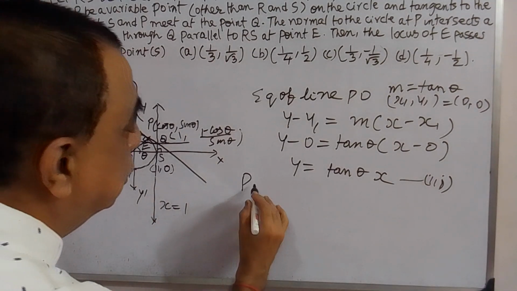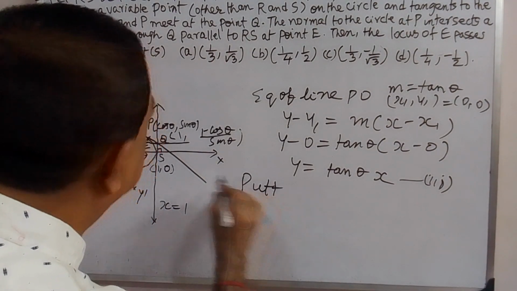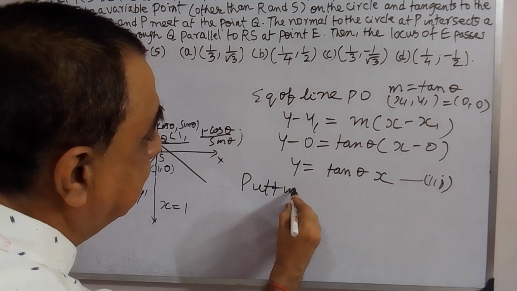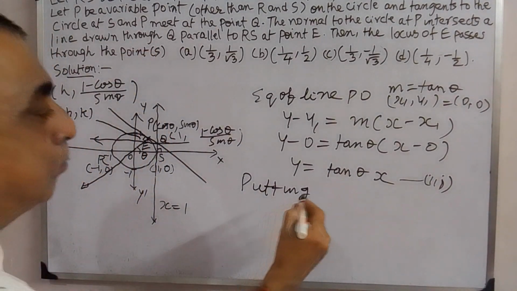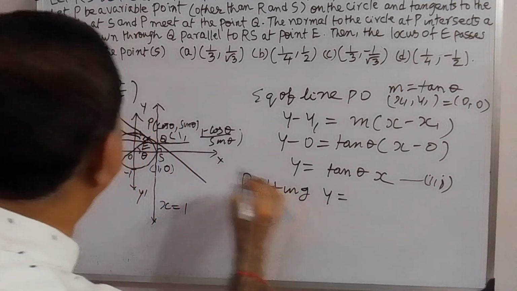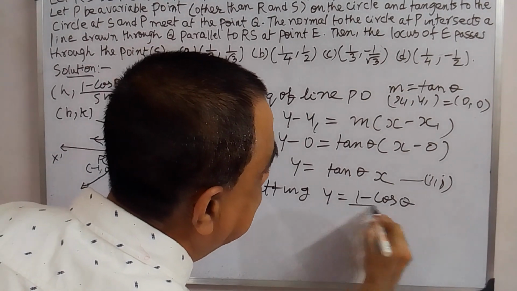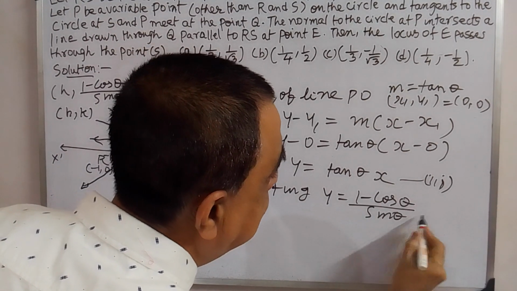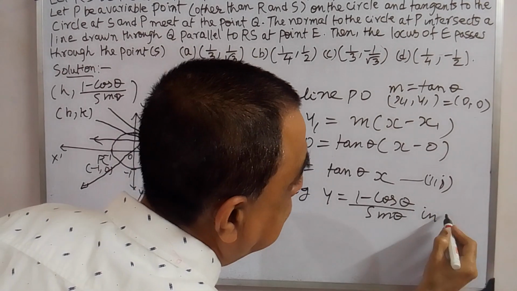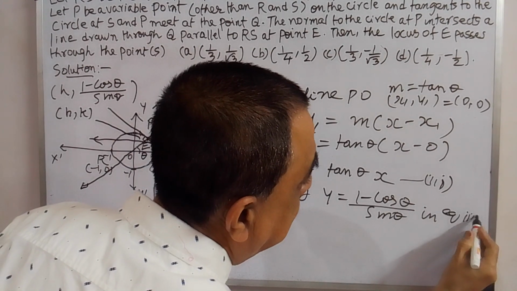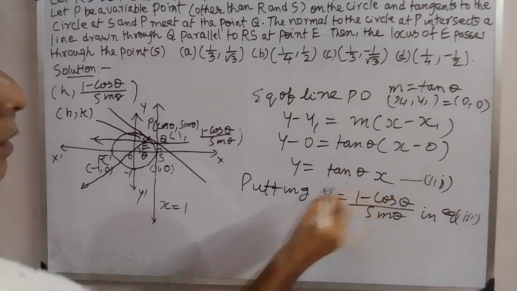So I am putting y equals (1 minus cos theta) divided by sin theta in equation 3.